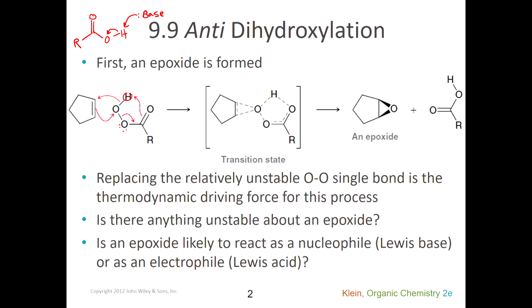What makes them unstable, though, is this oxygen-oxygen single bond. And so we've said a couple times over the course of the semester that highly electronegative atoms bonded to one another, they're both pulling the electron pair, and the electron pair has some tension on it resulting from that.